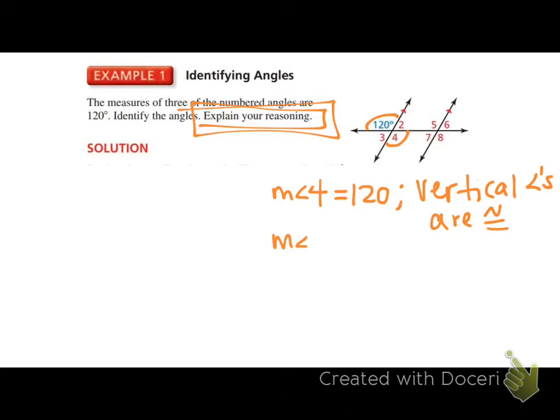Reagan said another one. What else is 120 degrees? So we got angle 4 because they're vertical angles, and vertical angles are congruent. We have angle 5. What relationship does 5 have with 120? They're corresponding, and we know corresponding angles are congruent.